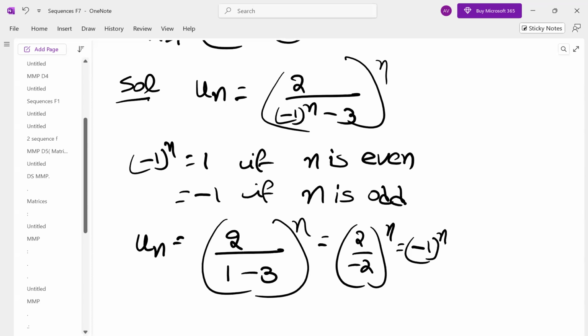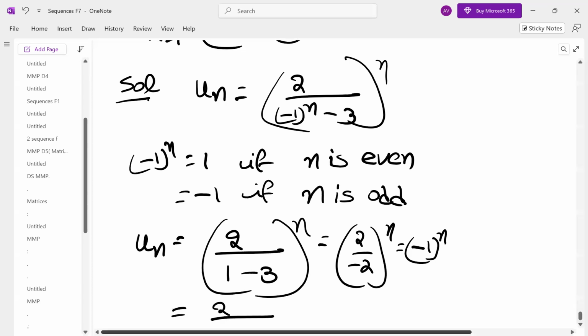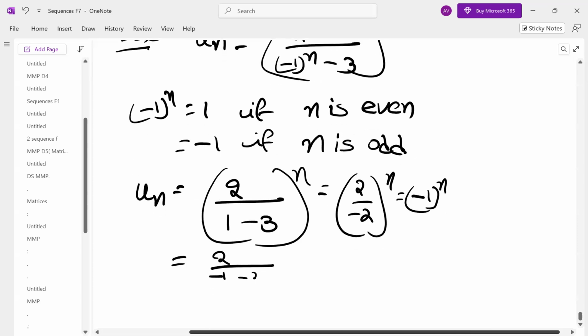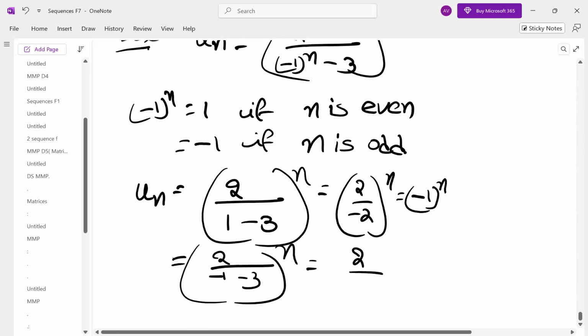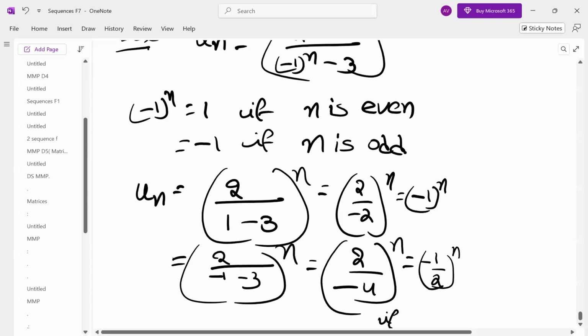As n tends to infinity, what is the value of this? First you have to simplify, then apply. I'll come back to this. And if n is odd, it will be 2 by minus 1 minus 3, that is 2 by minus 4, minus 1 by 2 whole power n, if n is odd.